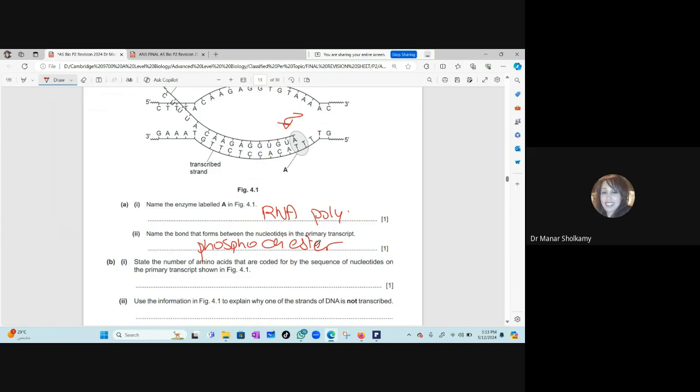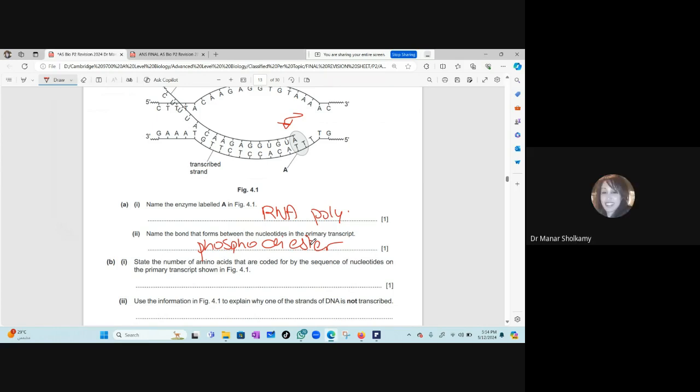State the number of amino acids that are coded for by the sequence of nucleotides on the primary transcript. How do you know how many amino acids are coded for? What do you count? You count the bases, and every three bases code for one amino acid. Good.